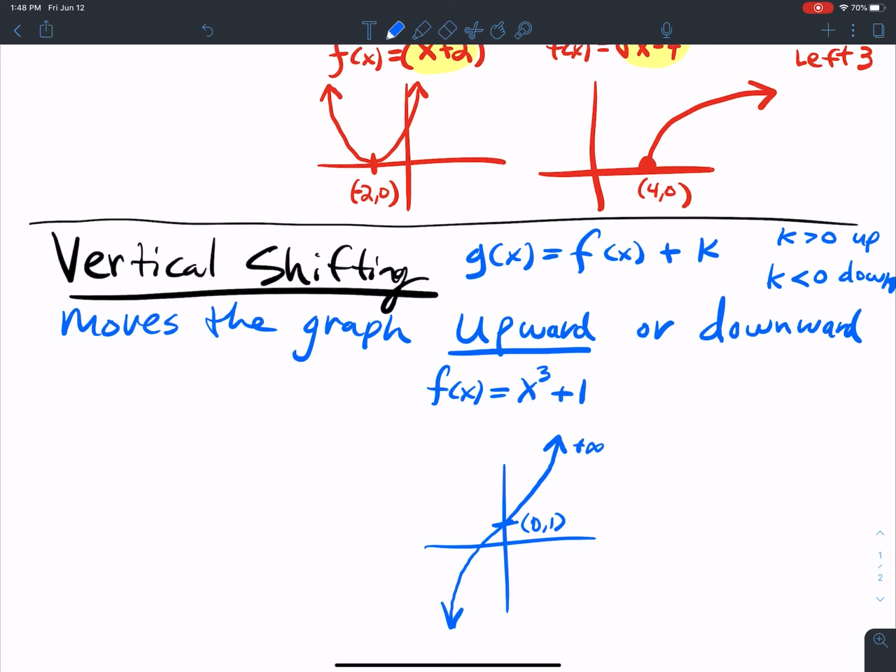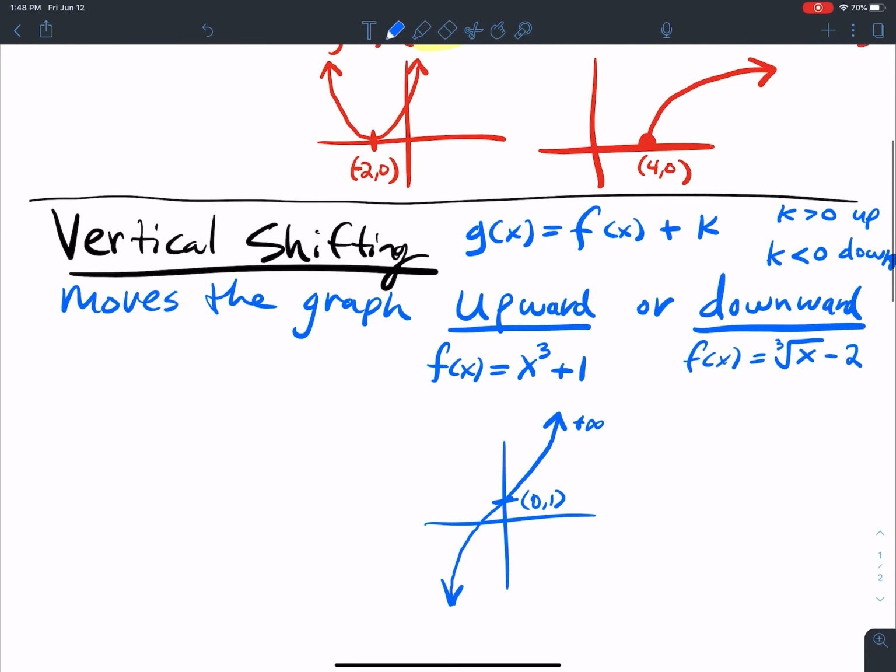Now, downward would be like f of x equals the cube root of x minus 2. So what would that do? So a cube root function, right? Once again, it's opposite. So if one's going to negative infinity, the other one's going to positive infinity. So it looks like this. Okay. So what am I going to do with this?